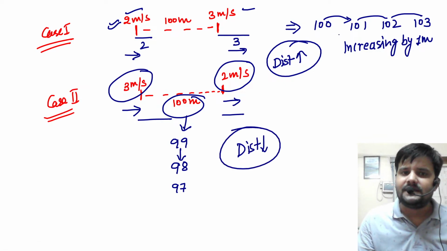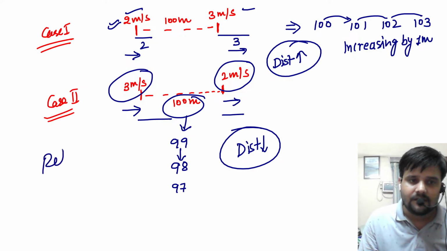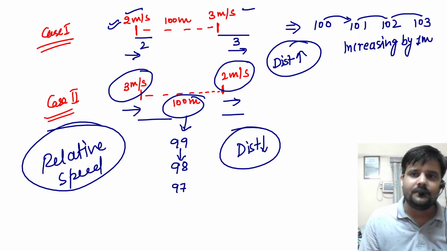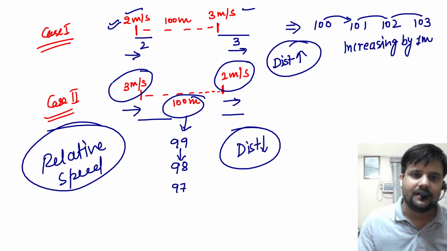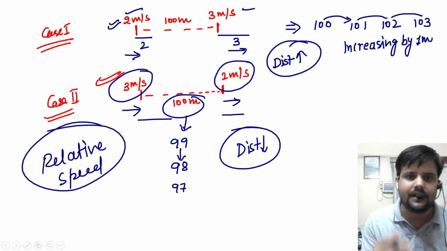And the rate at which the distance is increasing or decreasing is called your relative speed. How can we find when the distance will increase and when it will decrease? If the person coming from behind has a higher speed, obviously the distance will be reduced.